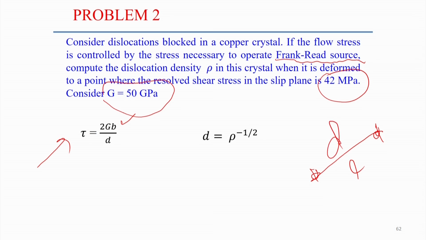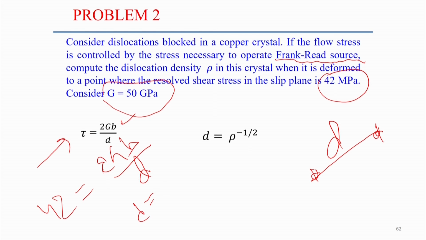Sorry, d is the distance between these two points. So we can easily estimate the shear stress required in this case, or rather the shear stress is given. So tau equals twice G b by d, and for copper we can easily estimate b. From here we can find what the distance d should be. Distance d means the segment of the dislocation.